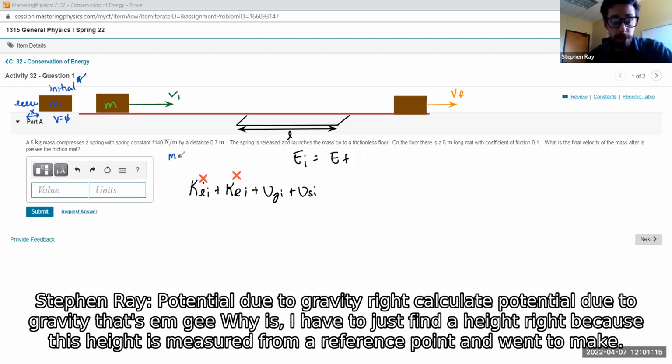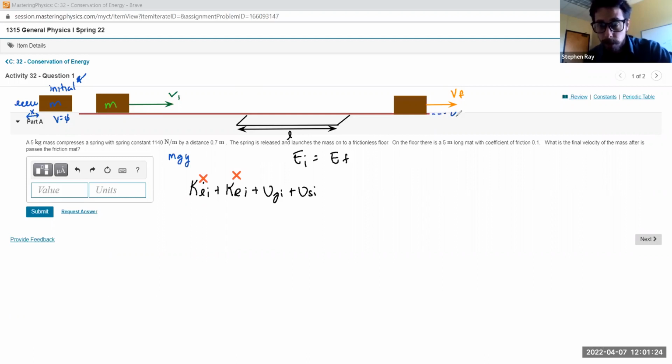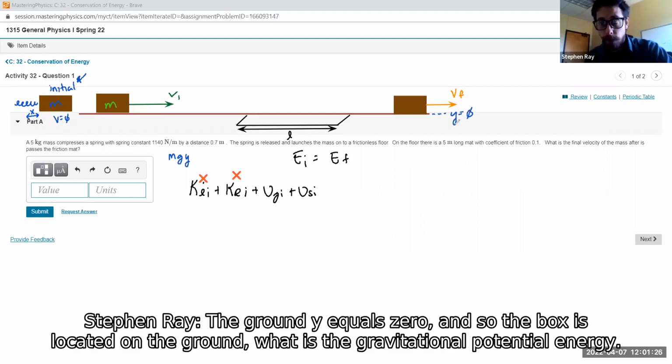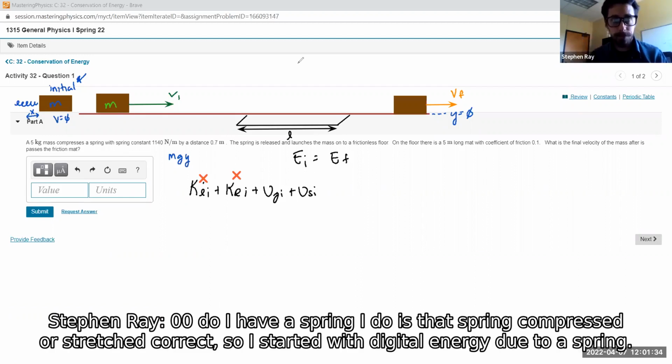That's mgy. It means I have to define a height, because this height is measured from a reference point. I'm going to make the ground y equals 0. And so if the box is located on the ground, what is the gravitational potential energy? It's 0.